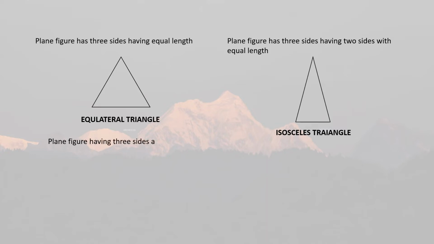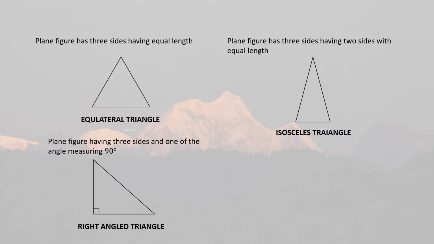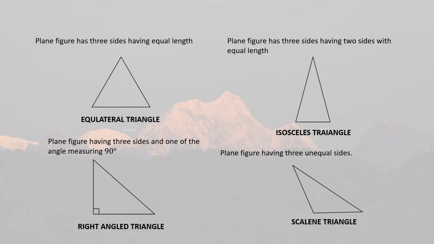Again, we have this triangle with one of the angles measuring 90 degrees. Then we call this a right angled triangle. Again, we have this figure having three sides which are unequal. We call such a triangle a scalene triangle.